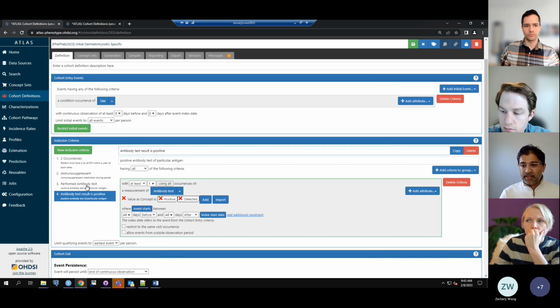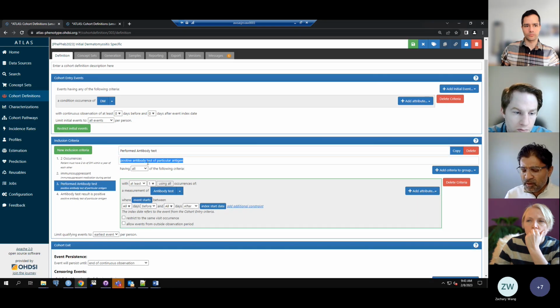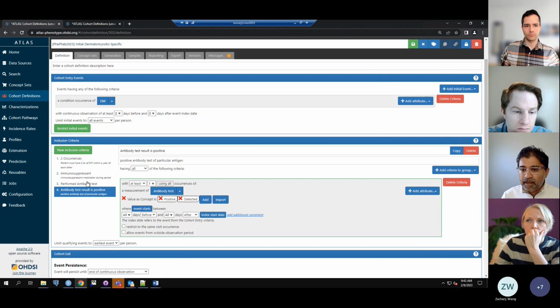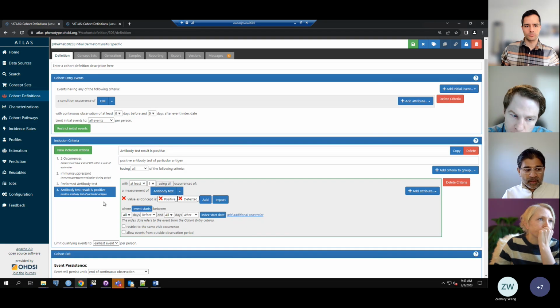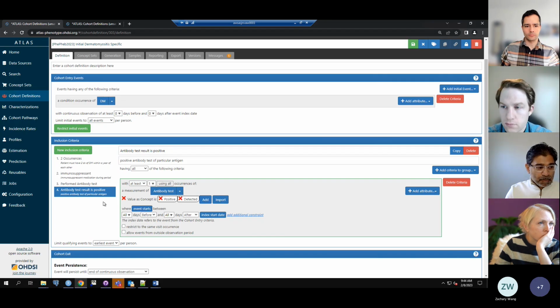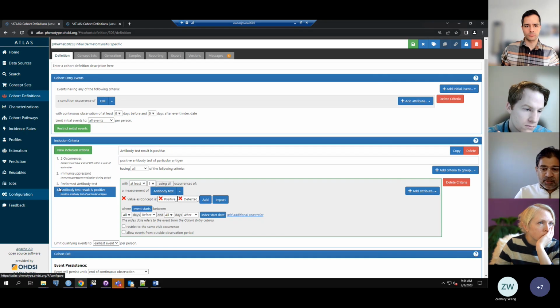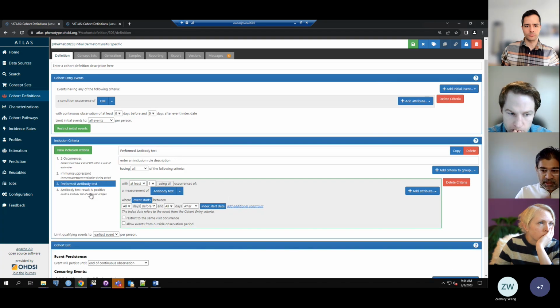So we simplified the rule, and here I'm going to remove the "and" over here. Okay, so I performed antibody test, and antibody test result is positive. When I responded to Danny Alhamra's post, I basically looked for performed the test and not the result. And that's what we are doing now in terms of performed the test.